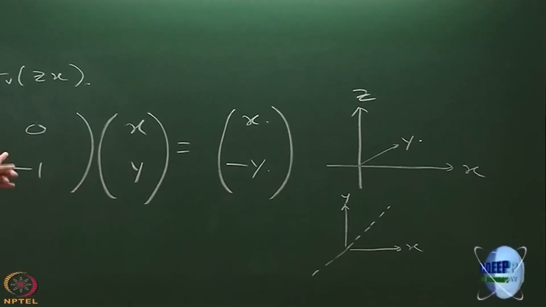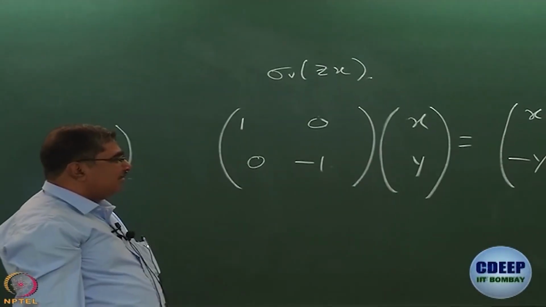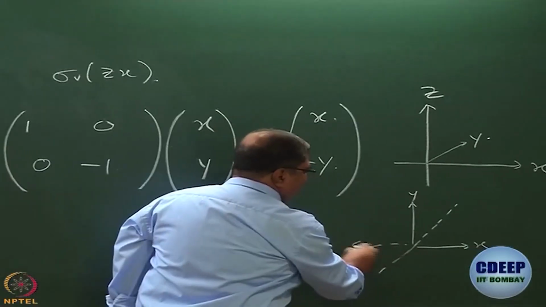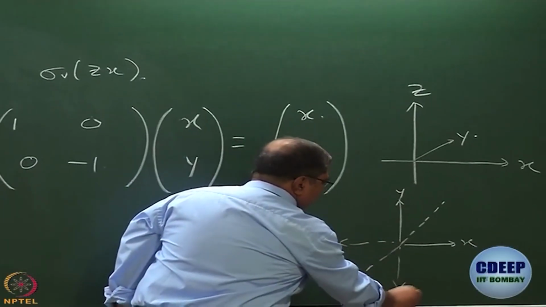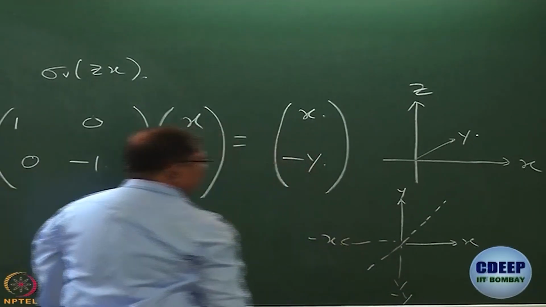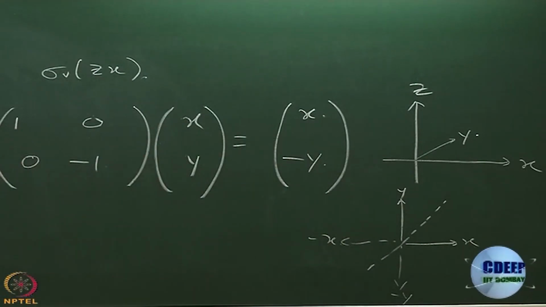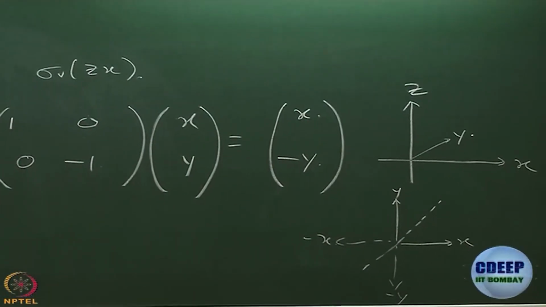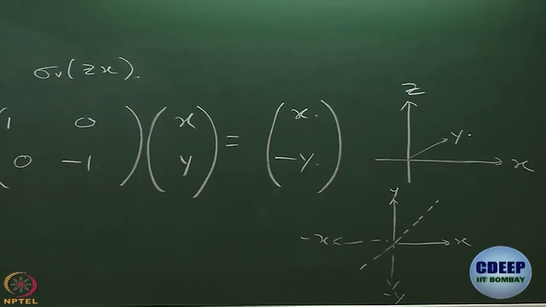So, what will x be? x will become y, right. x will become y, and what will y become? Of course, y will become x. In that case, what is the matrix?